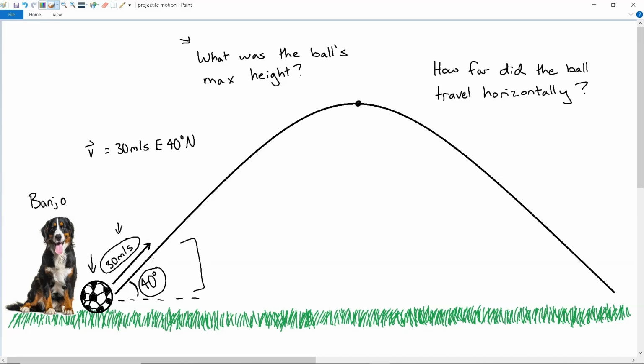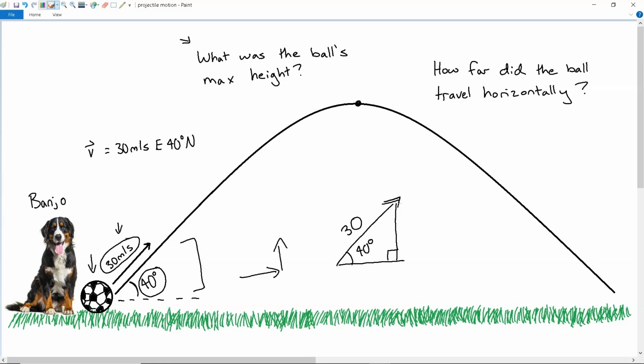So, okay, we have a vector. The problem is, when we're working in 2D, and this is a 2D problem because we are moving both horizontally and vertically, we need to consider what's called the components of a vector. So if I were to draw out the velocity here just as a right angle triangle, this has a value of 30, and then our angle down here is 40 degrees.